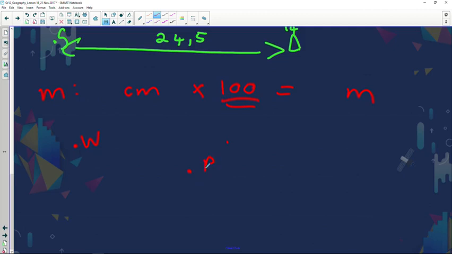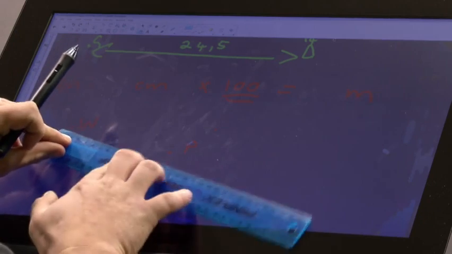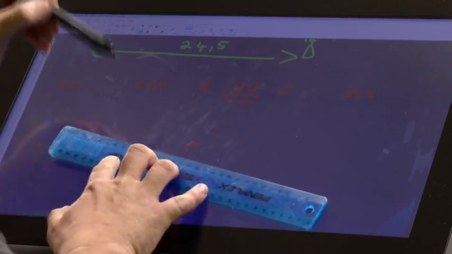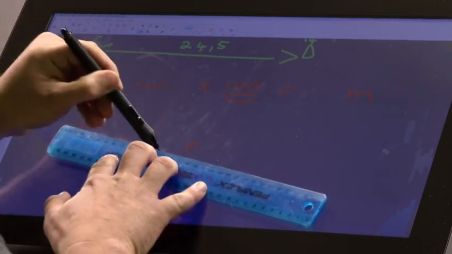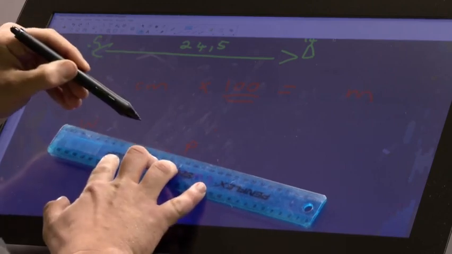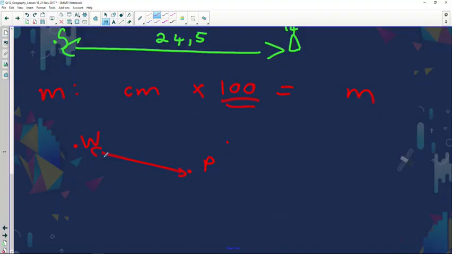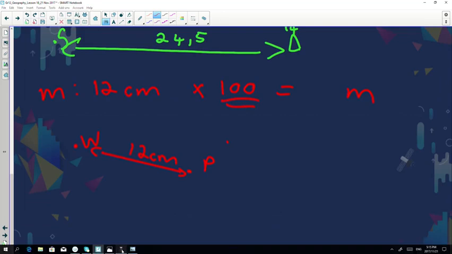You use your ruler. You measure the distance between the two, from there to there, and I get 12 centimeters. So it's 12 centimeters times 100. Go to your calculator.